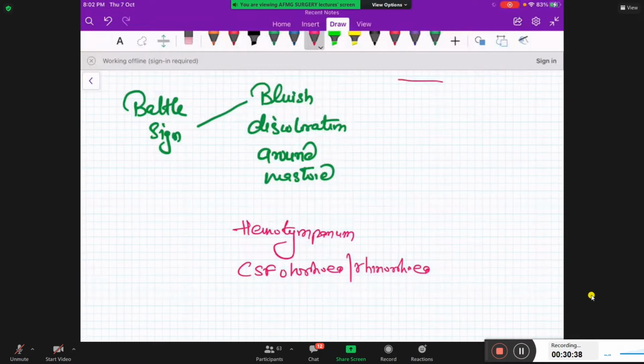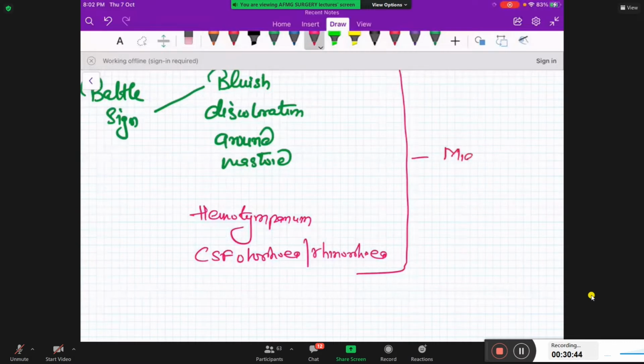And this sign is there, a very commonly asked question, in a middle cranial fossa injury. So, hemotympanum with CSF otorrhea or CSF rhinorrhea, this will be there in a middle cranial fossa injury, right?